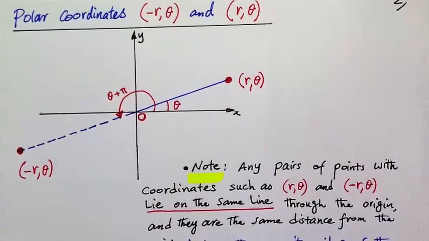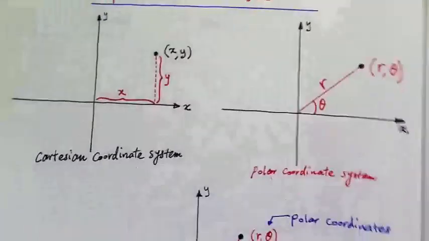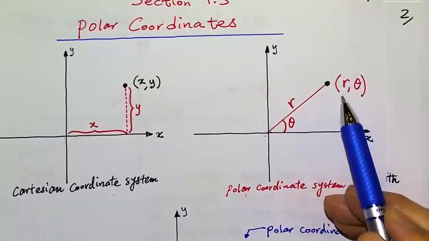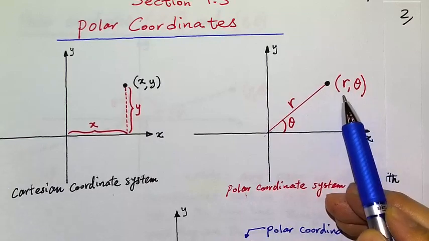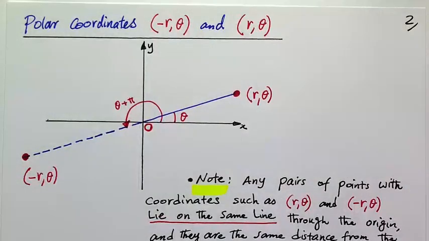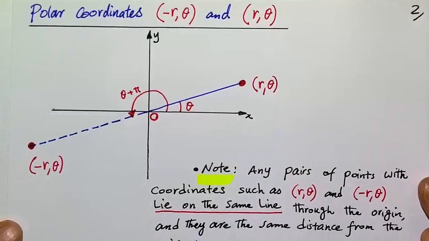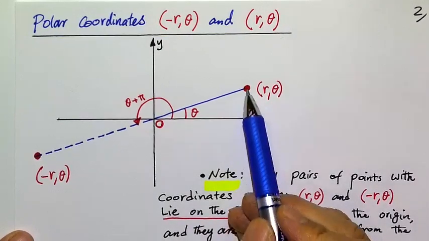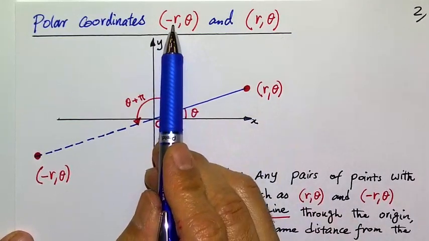Now, I just mentioned that in the polar coordinate system, for the same point, we have many different representations of the coordinates, right? Now, one way to achieve these many different forms of the polar coordinates for the same point is using negative r values.